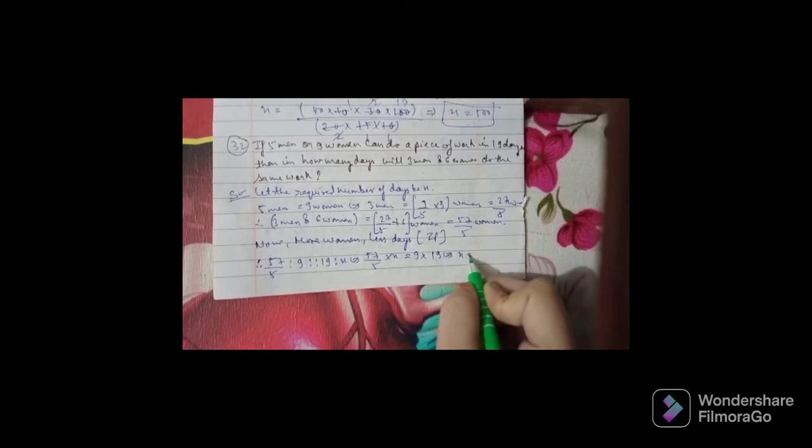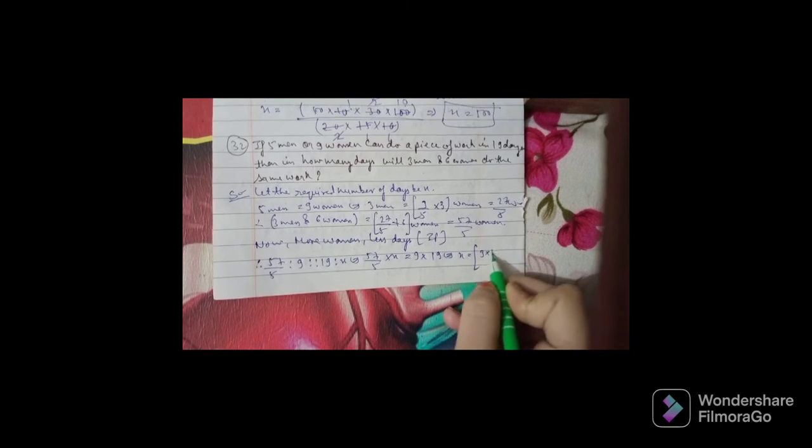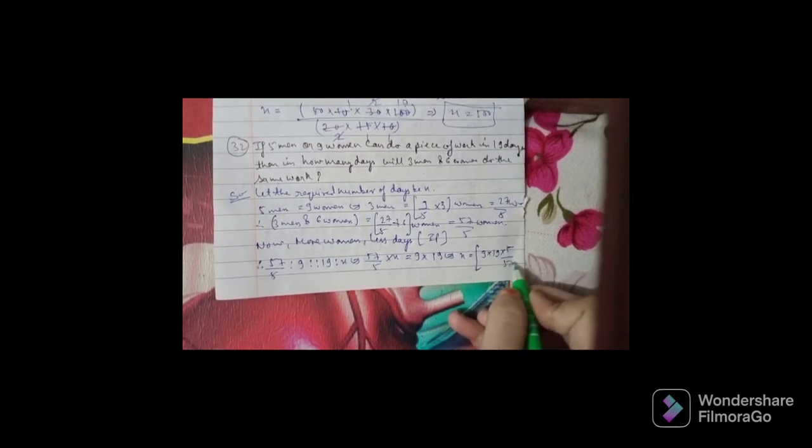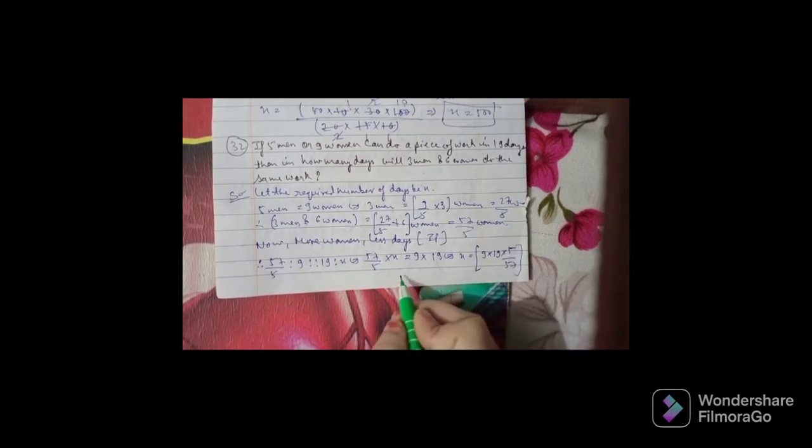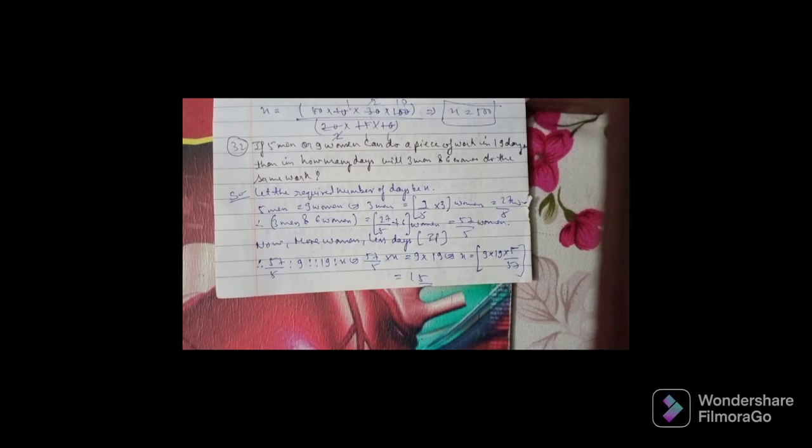Further, x equals 9 into 19 into 5 upon 57, that is equals 15. That we have as an answer here.